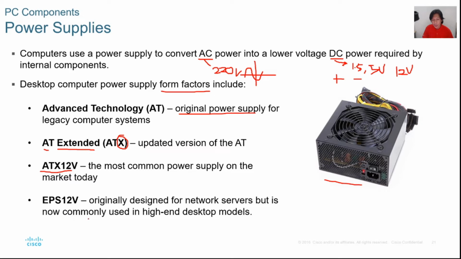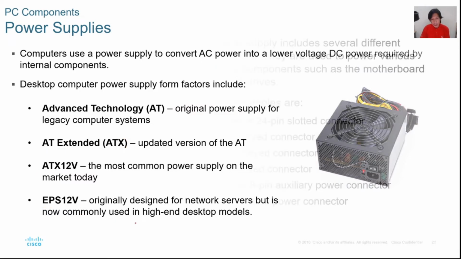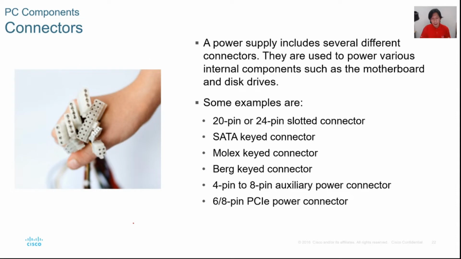For those using high-end desktops, servers or workstations, they use an EPS 12 volts, or EPS12V, which is common in high-end setups or servers. Those are the different form factors of our power supply. And we also have different types of connectors. Power supplies have different connectors.